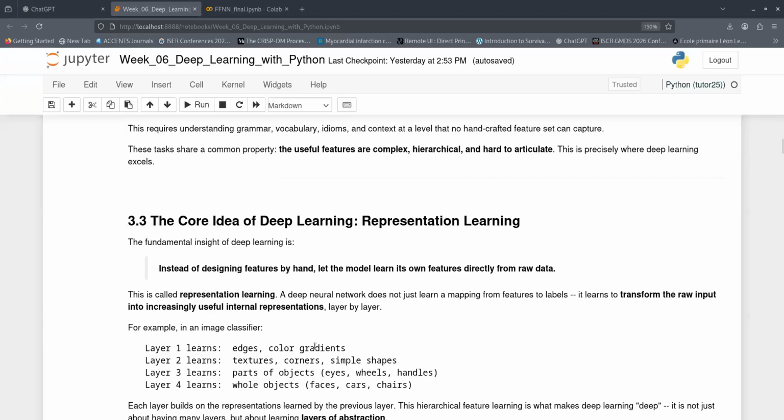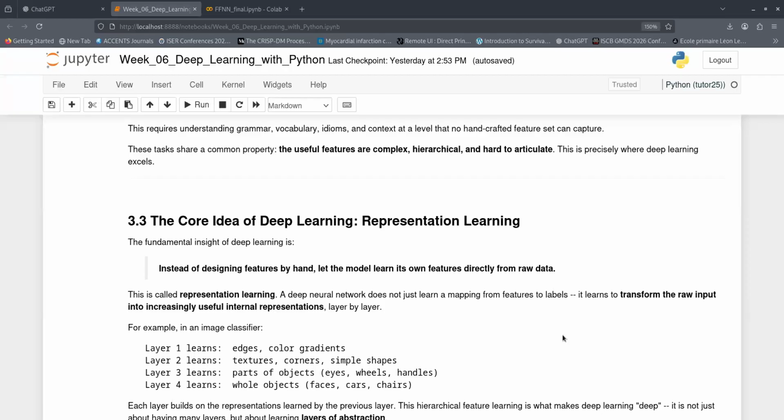Instead of designing features by hand, let the model learn its own features directly from raw data. That is what we call representation learning.